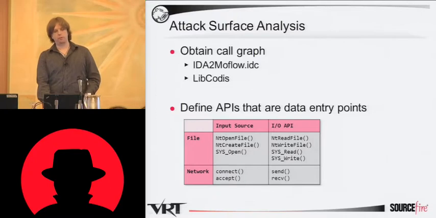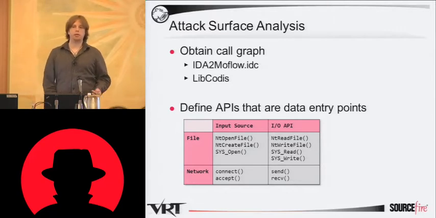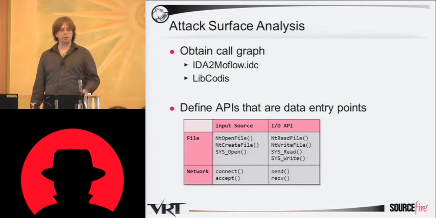And then, of course, you need to define the APIs. Like I said, there's a set of APIs that will be related to the system functionality, but also sometimes when you open a large program, like let's say Adobe, most of that code is executing in a 20 megabyte DLL, Adobe Reader 32, and there are no calls out to open file, read file, et cetera. Those are all wrapped.